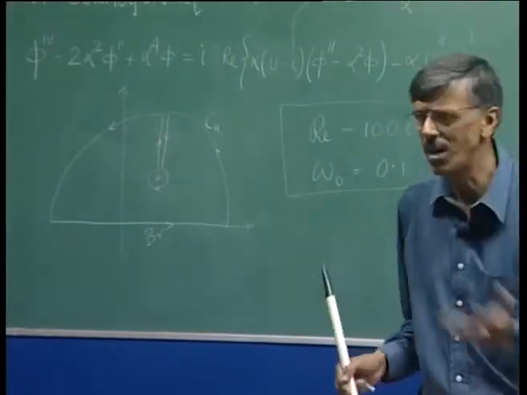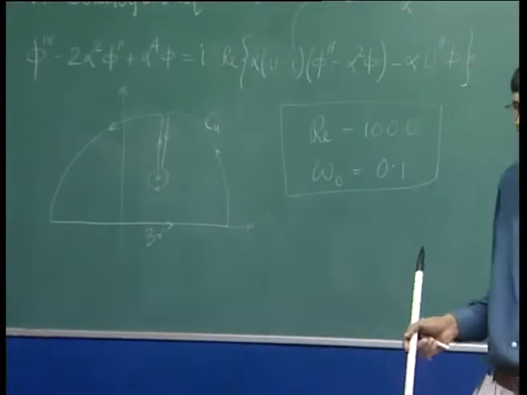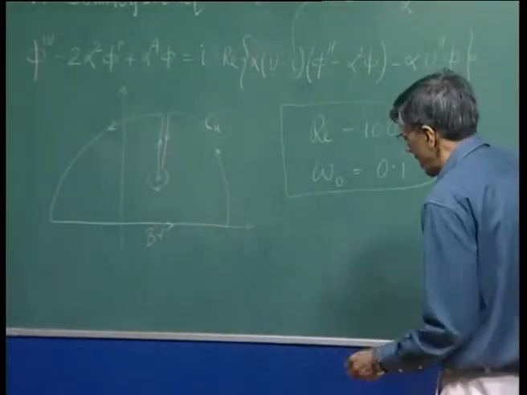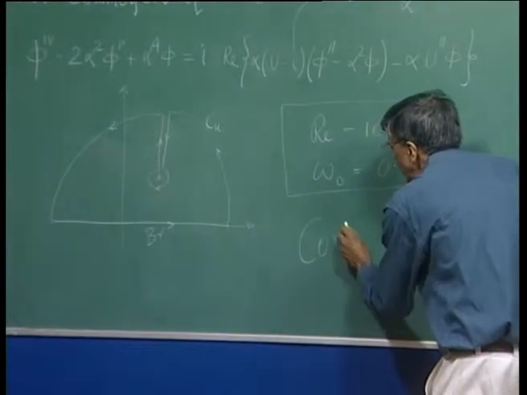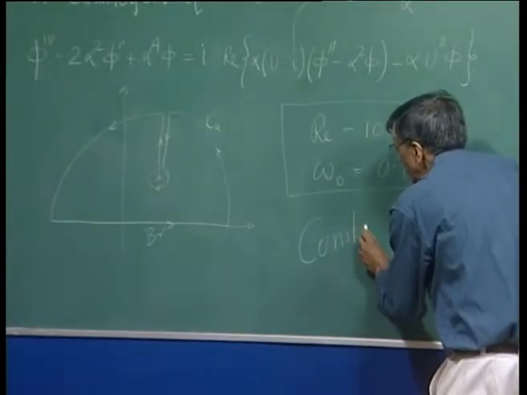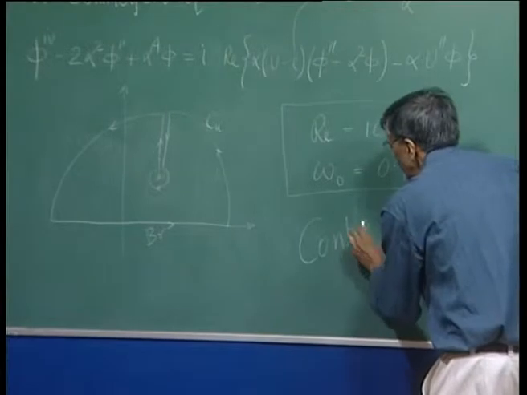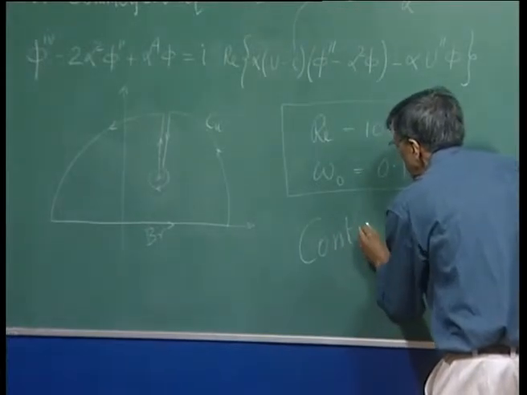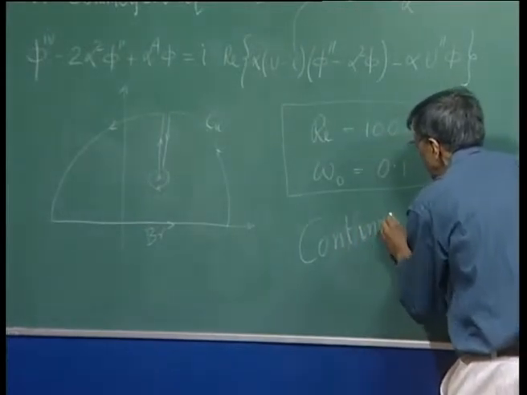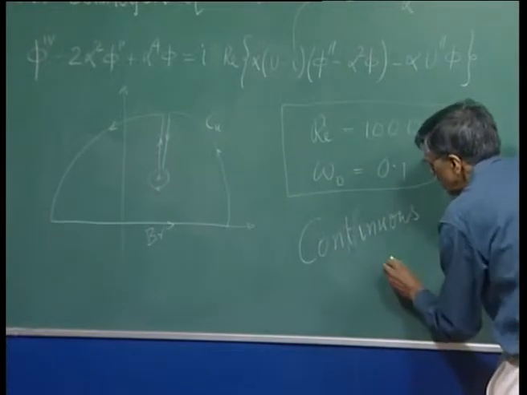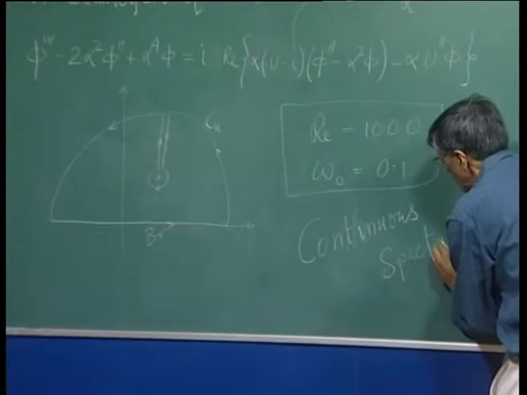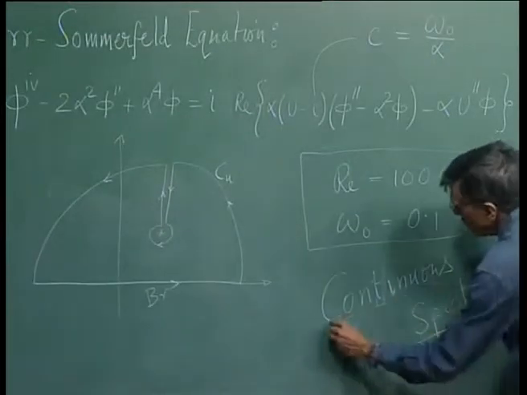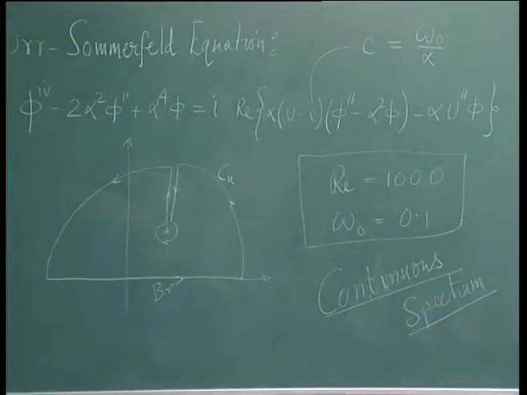Instead, they said from somewhere else something is coming, and this something they attributed to a continuous spectrum. Where would this continuous spectrum be?